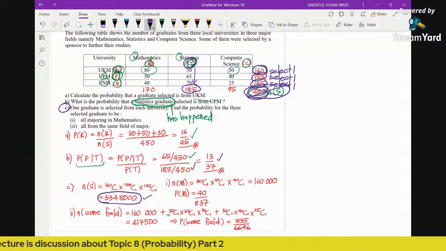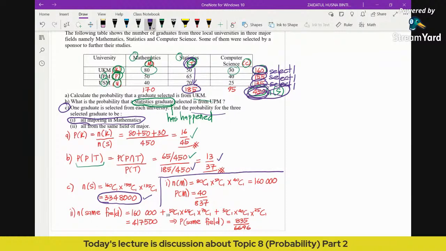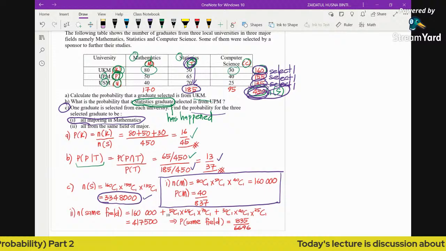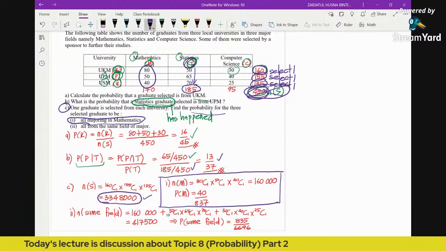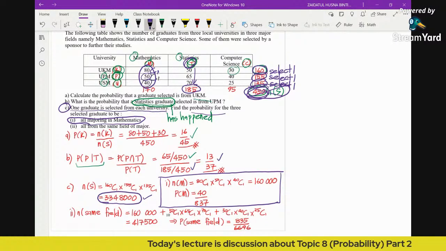Now find the probability for the 3 selected graduates to be all majoring in mathematics. For the first Roman numeral, what is the probability that all the three graduates are majoring in mathematics? Now mathematics, we refer to this one. Because one graduate is selected from each, from this 80 we choose one, out of this 50 we choose one, and out of this 40 also we choose one.